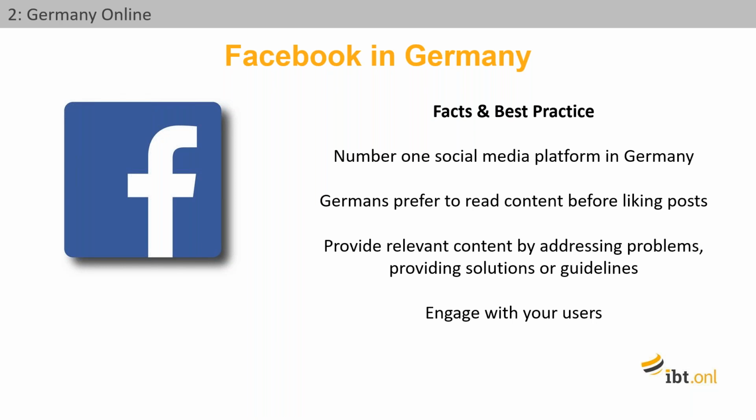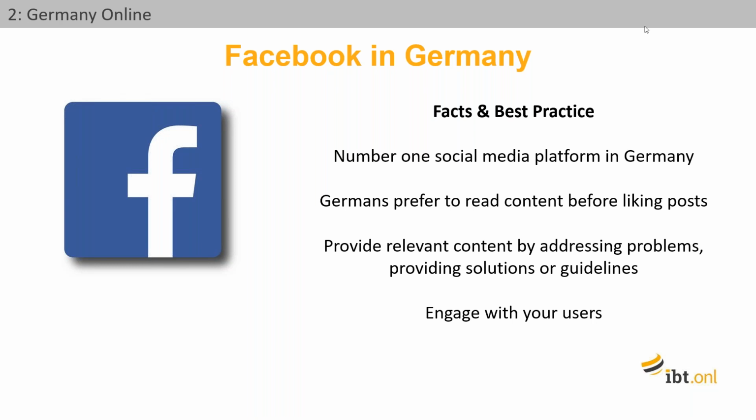And this also means that we often set goals about engagement rather than the absolute numbers of likes if we do a social media strategy for Germany. Another point is that if you try to create content, it should be useful and relevant for the market. So, for instance, addressing problems, giving helpful guidelines or solutions to a problem is a great way of creating awareness for your business and engaging with your German market on social media.